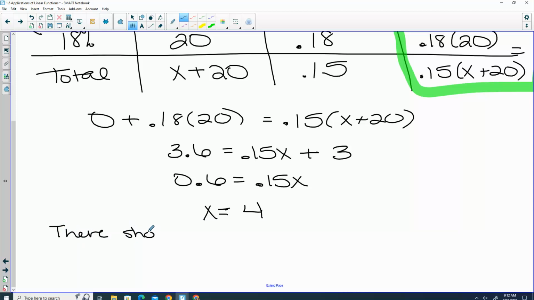So there should be 4 liters of water. Bless you. Questions on that one?